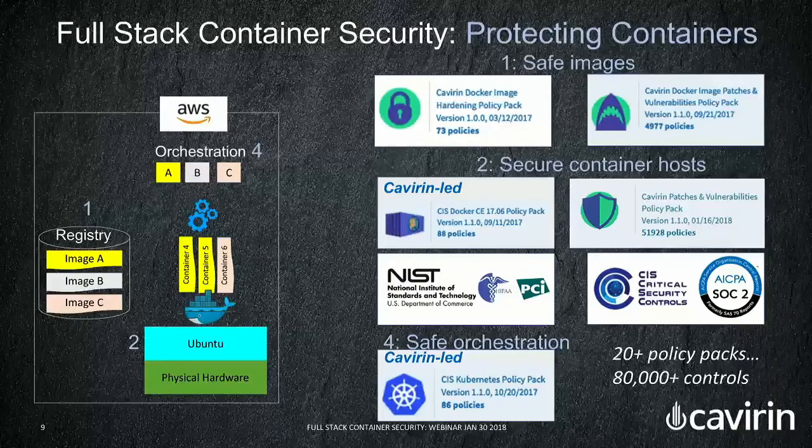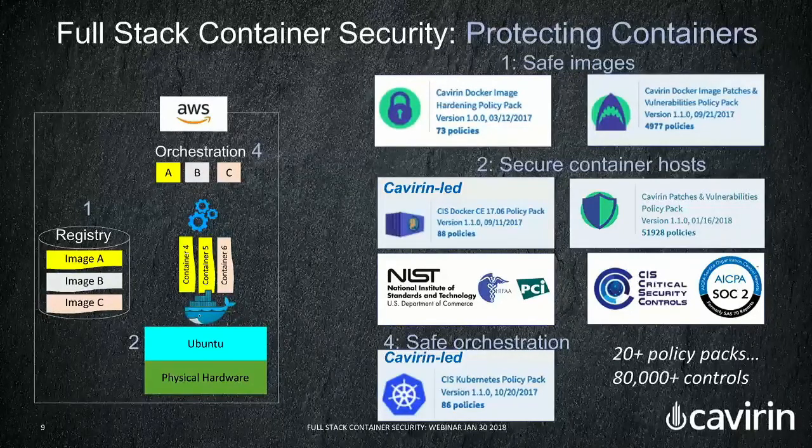And then the second benchmark that you can actually apply is really what we call the Cavirin image and patches vulnerability, so making sure that the images that you're consuming are free from any known software vulnerabilities. Again, these are two policy packs that you can apply right during the development stage of your application and make sure that you're consuming safe software, if you will.